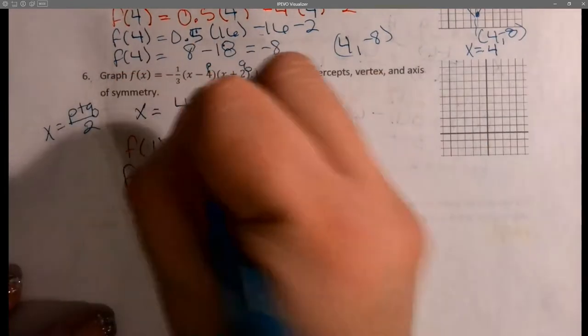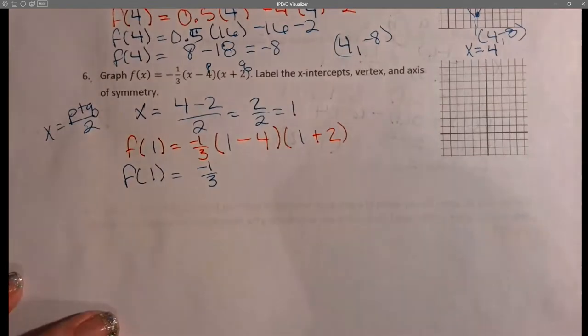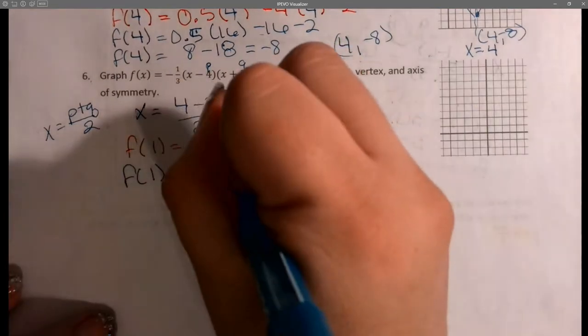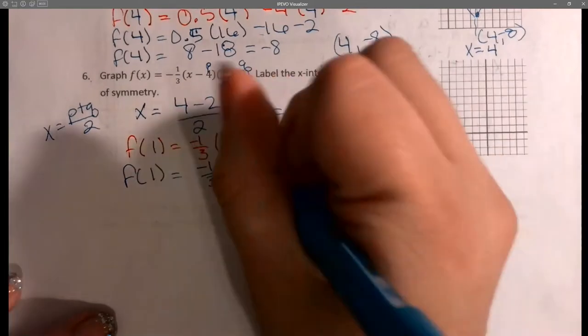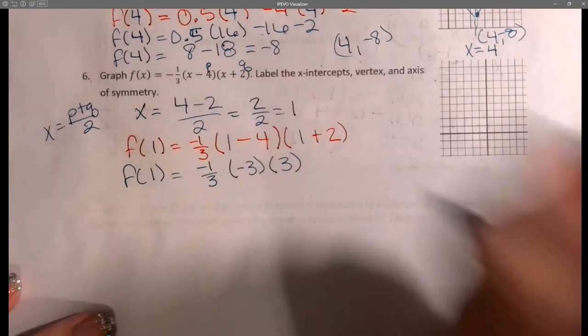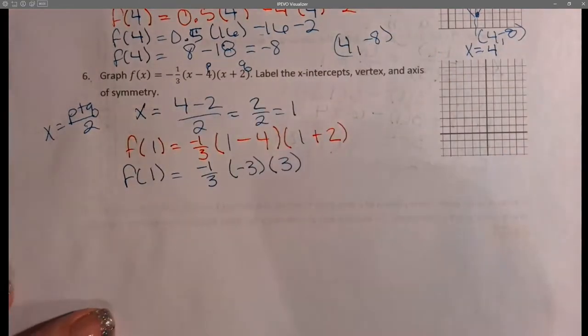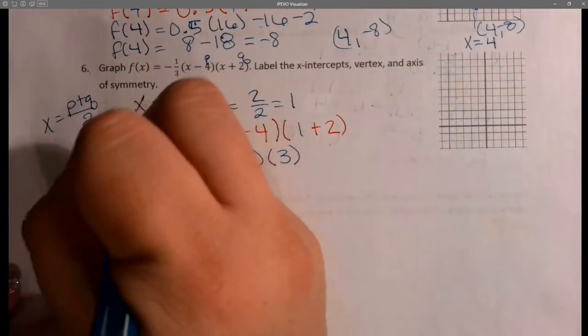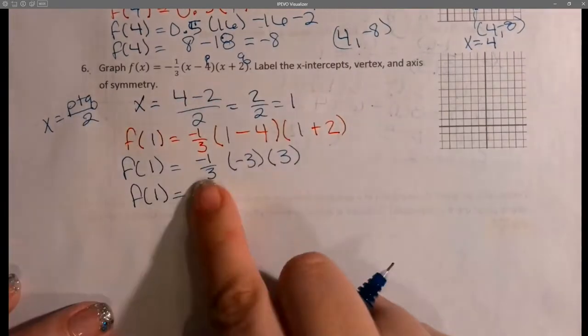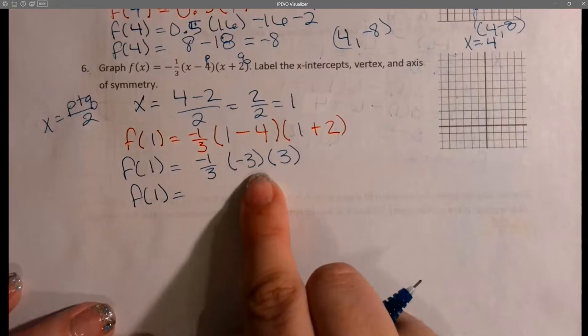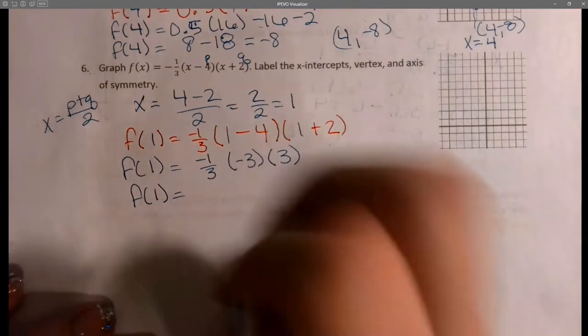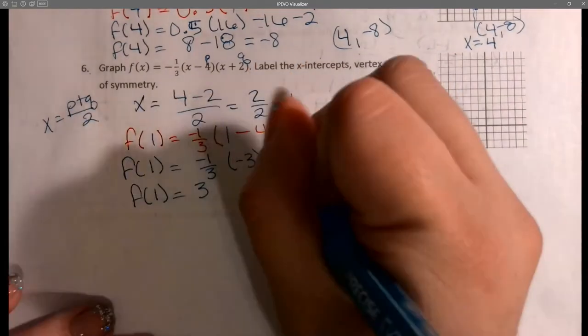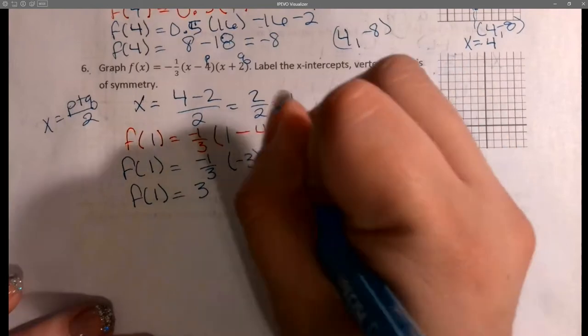The negative 1/3 stays the same because I am working with the parentheses. 1 minus 4 is negative 3. 1 plus 2 is 3. Then I want to go ahead and multiply. Negative 1/3 times negative 3 is positive 1, times 3 is 3. So my vertex here is 1, 3.